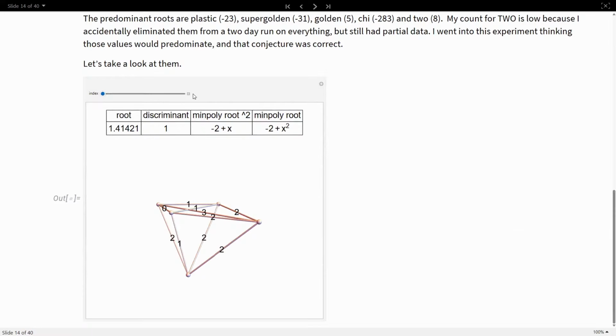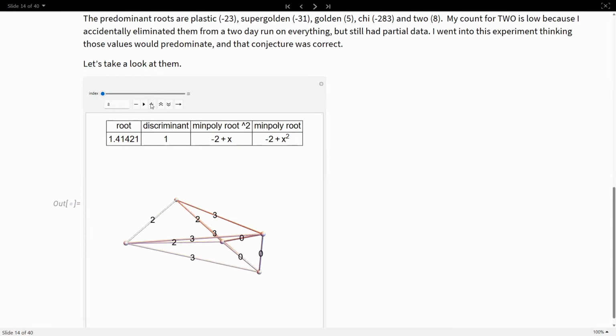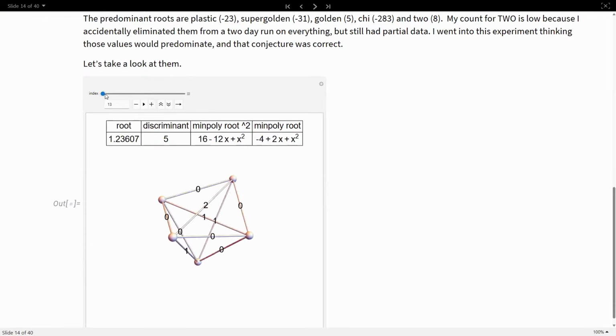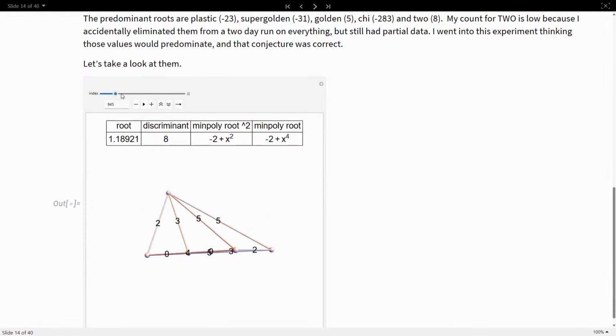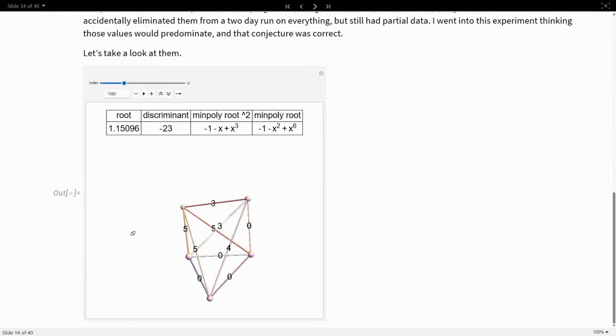So here they are here. This is something I'll do as a demonstration, and this will also be in a community post at community.wolfram.com sometime later today. So we can take a look at these. Of course, there's 5,000 of these, so I won't be able to go through all of them. But there's a whole bunch with discriminant 5 and discriminant minus 23.